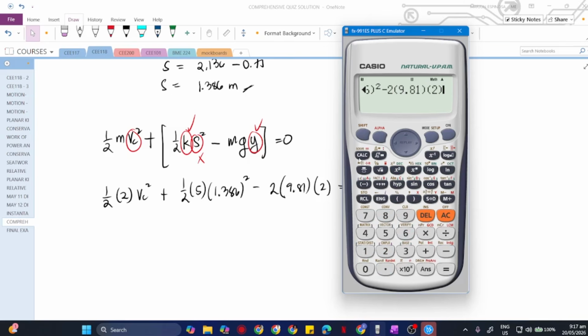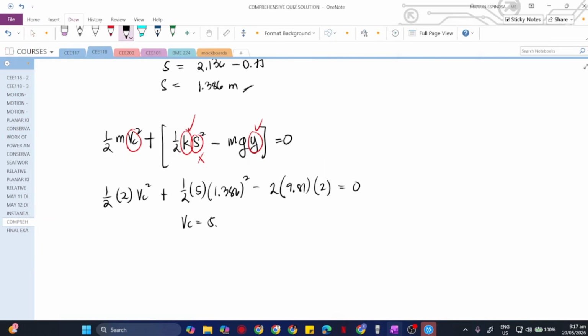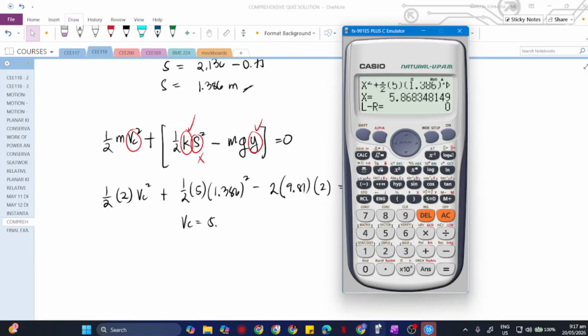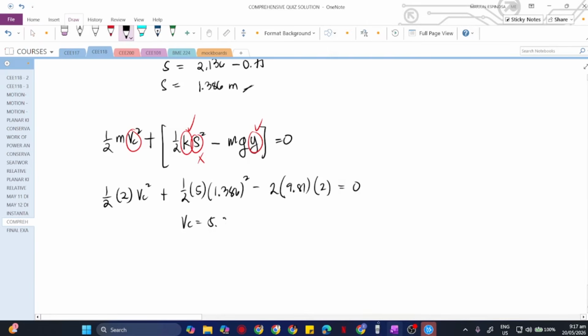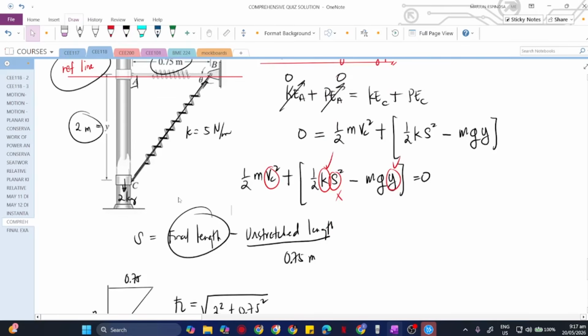Okay, shift, sorry. Mali. Equals to 0. So shift solve. Let's say for example 5, makukuha natin yung velocity C, which is 5.87 meters per second. Yan yung velocity natin ng collar at point C.